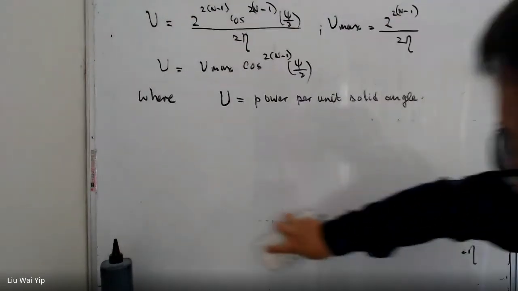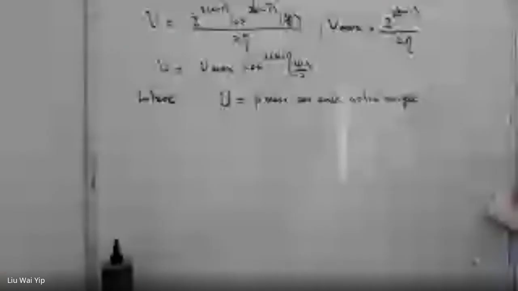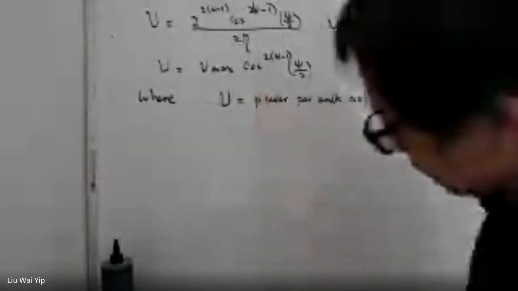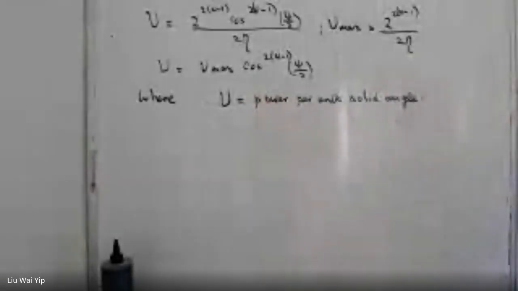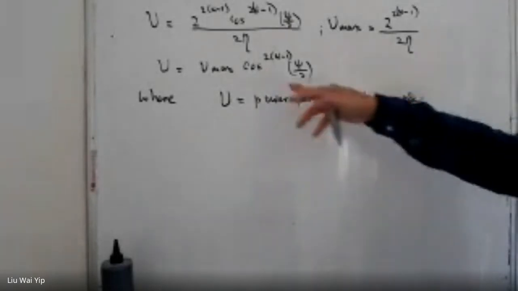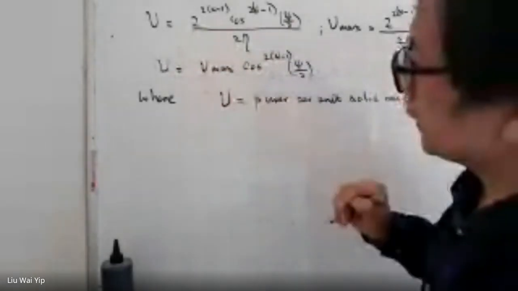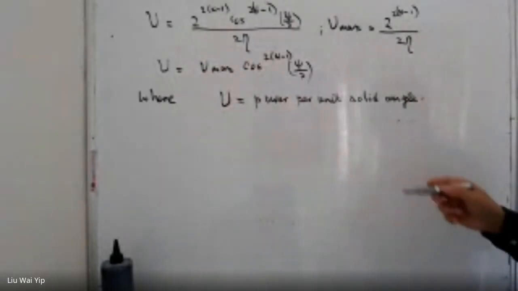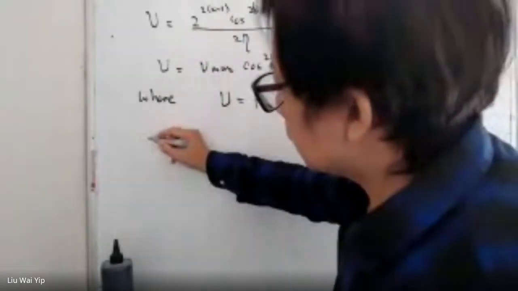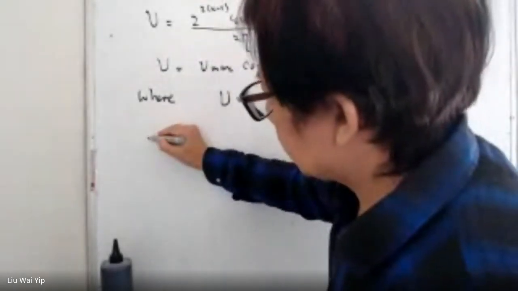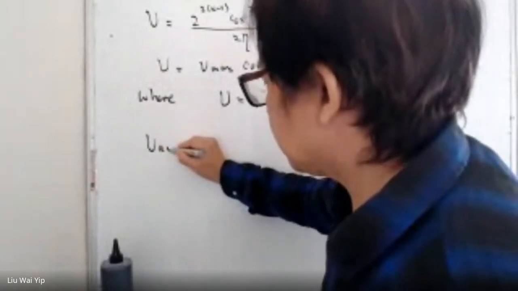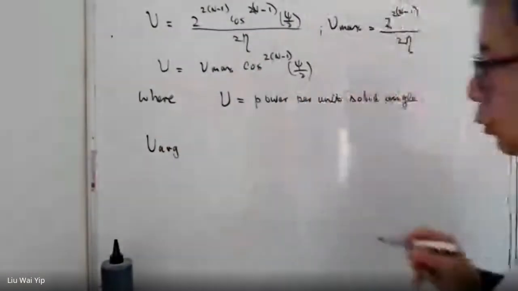Now the next thing that we are going to do is to use this piece of information to derive the average intensity. So what we are going to find out is U average. And what is U average?